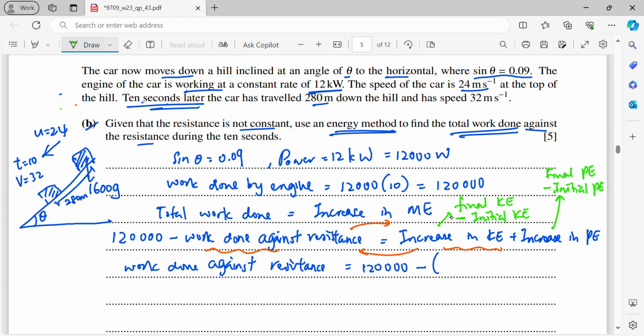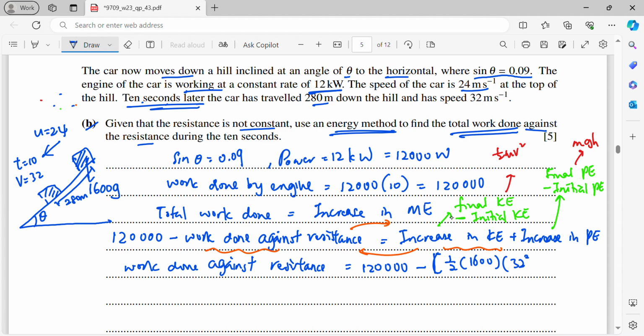Right, so from here I will just say the final KE is basically half mv squared. That is the final KE, so half mv squared. The gravitational potential energy is mgh. Now half m is 1600, times v squared, where v is 32.